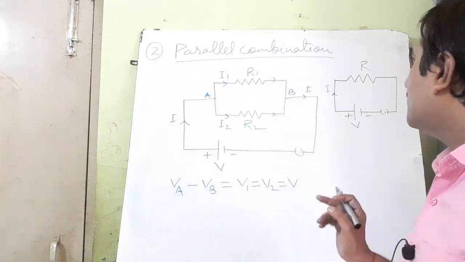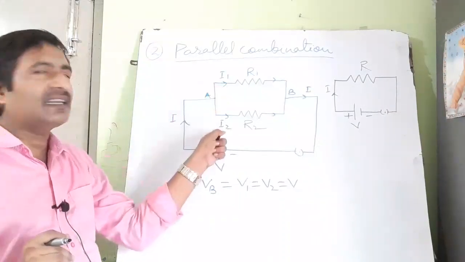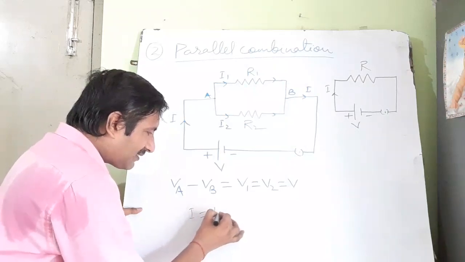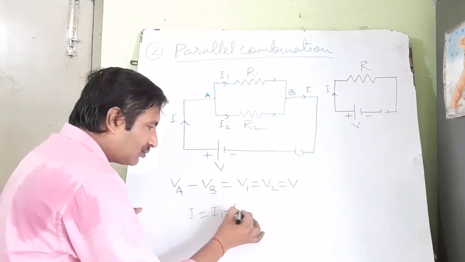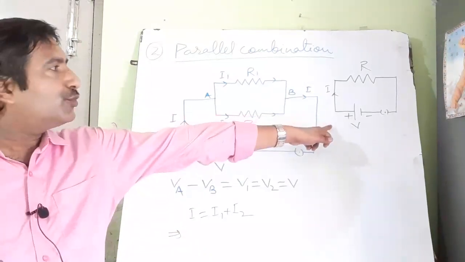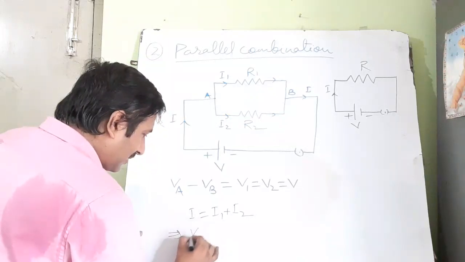And from here you can see that I is distributed into two parts, I1 and I2. So I is equal to I1 plus I2. From this you can have I is equal to V by R.